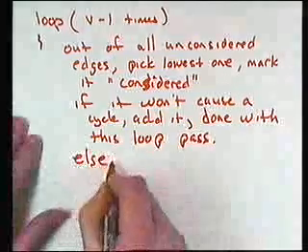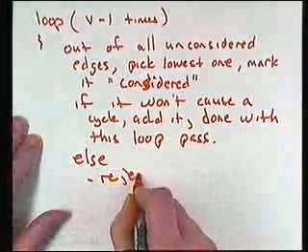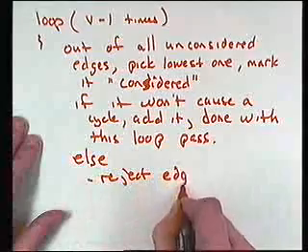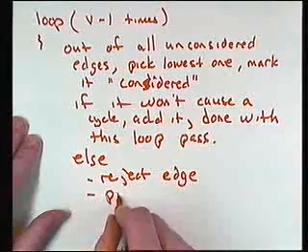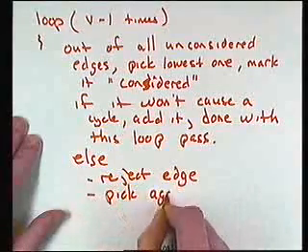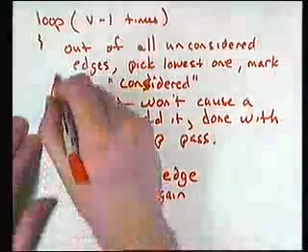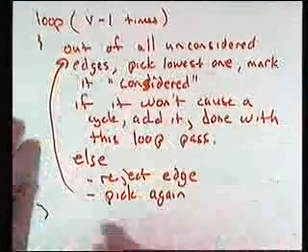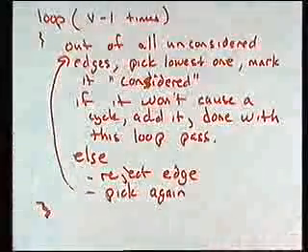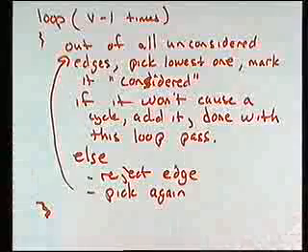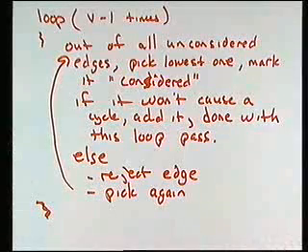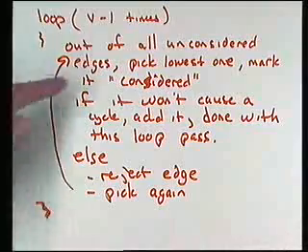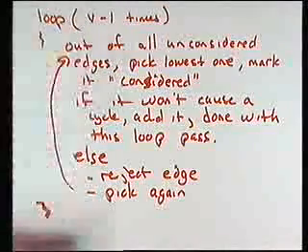Otherwise, reject edge, pick again. That is, go back up there and pick again. And we won't finish this pass of the loop until we've actually gotten through it with an edge to be added to the tree. So we can run this collection of stuff inside the loop many times.